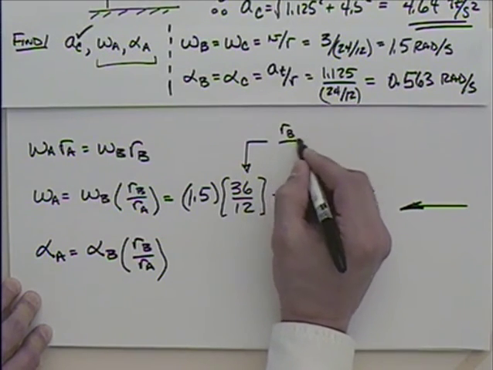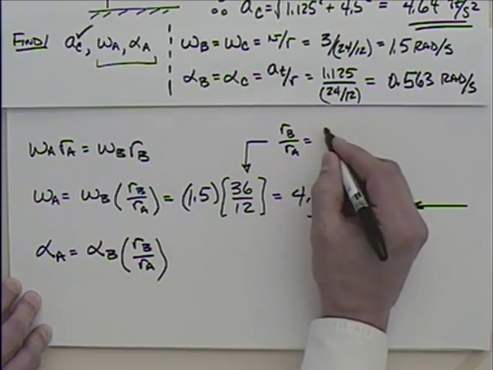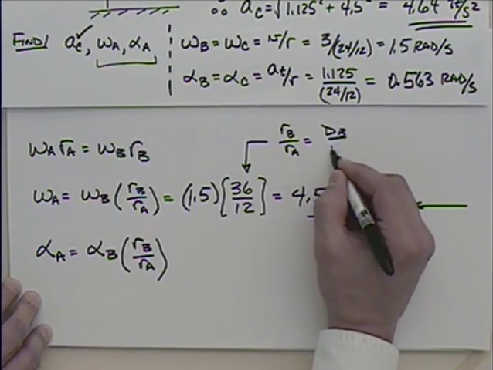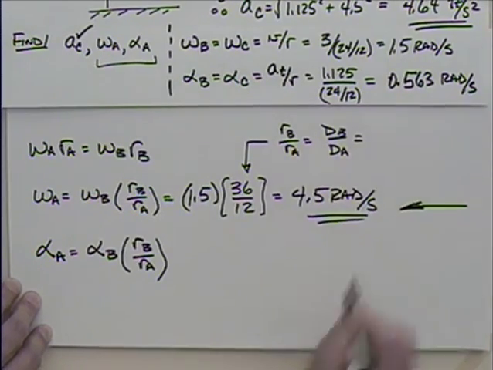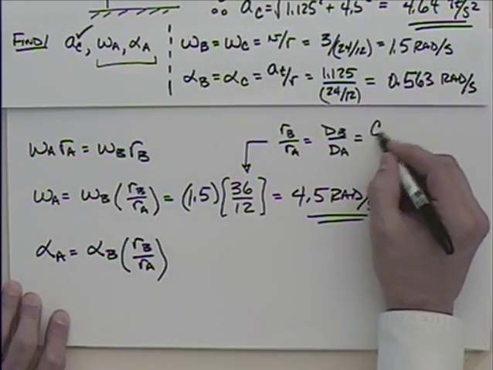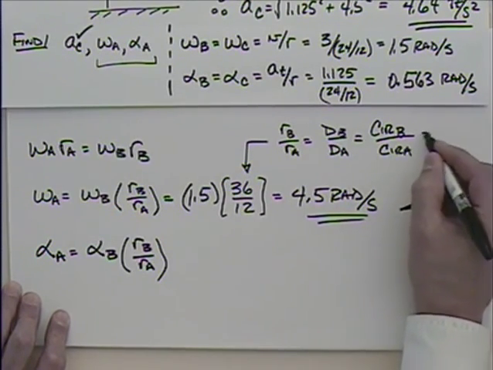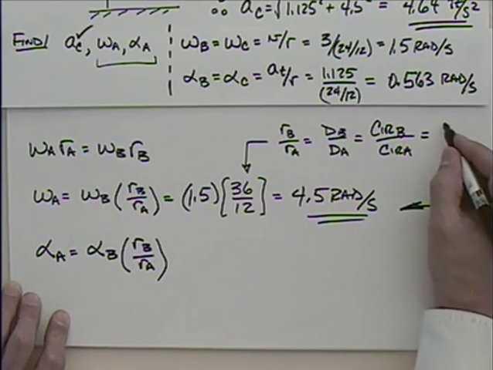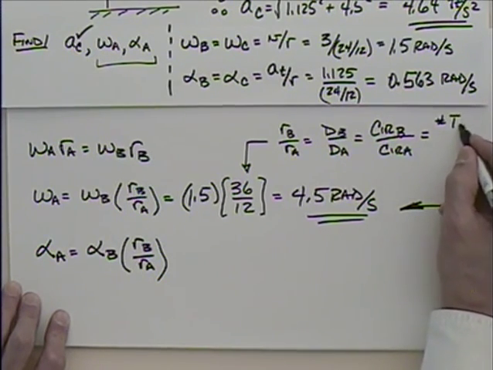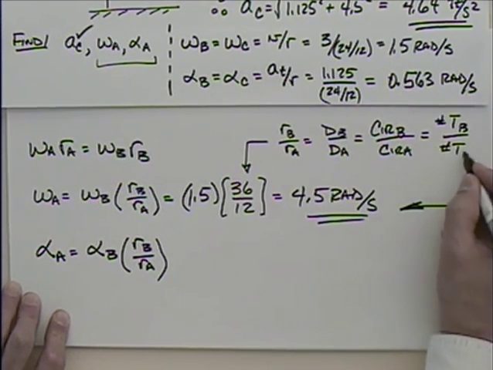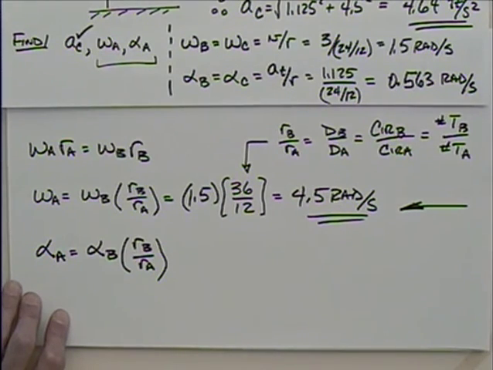R sub B over R sub A is equal to diameter B over diameter A, which for completeness sake would be circumference B over circumference A, which in a lot of practical senses we would use the number of teeth for B divided by the number of teeth for A. Is that right? All of those would work, so we'll pick one that's convenient for us. This was convenient, so that's what I used.